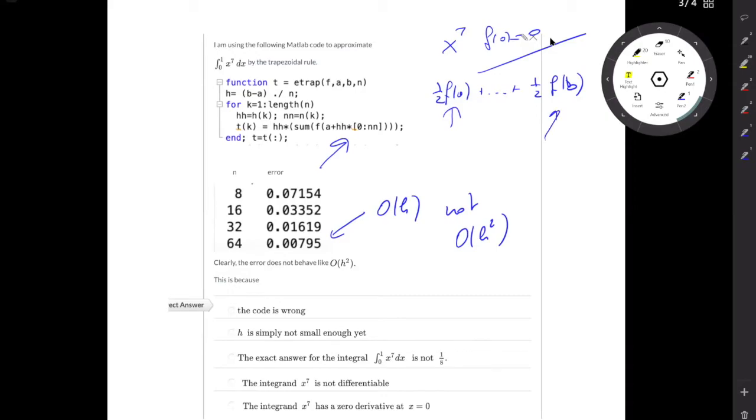But here, the f of b with x to the 7 equals 1. So instead of 1/2, we're having 1, but it gets multiplied by h. So that means we are making an error of order h over 2. And so that's the error we're seeing, and it comes from the code not doing this correctly.